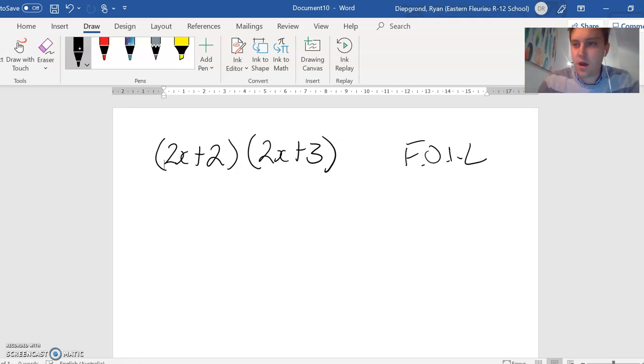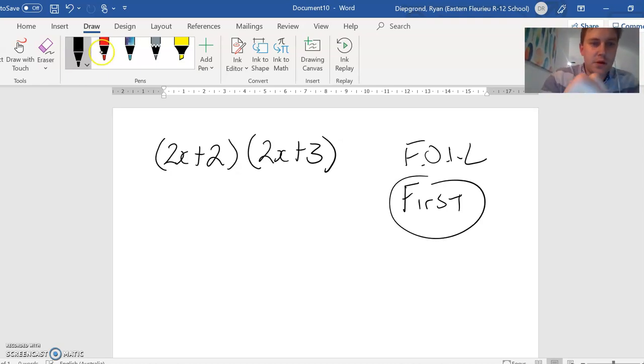Remembering that the F is the first, we're going to start off with that one. That refers to the first term in the first bracket multiplied by the first term in the second bracket. Now what we've got here is 2x times 2x. 2 times 2 is 4. Don't forget the x.